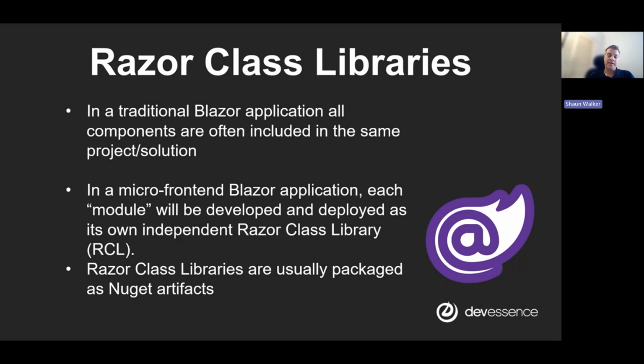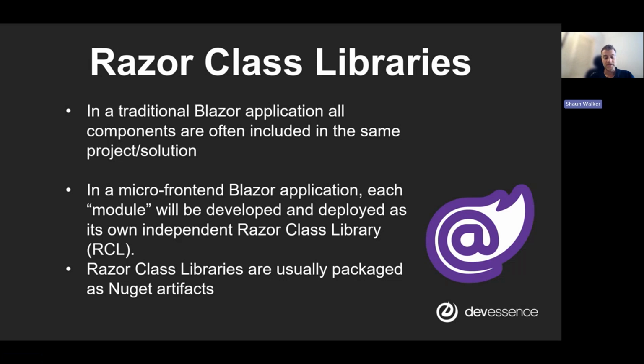So in a traditional Blazor application, often you would include all of your UI components in the same project, or at least in the same solution. Whereas in a micro-frontend Blazor application, each of these modules or micro-frontends will be developed and deployed independently, right?